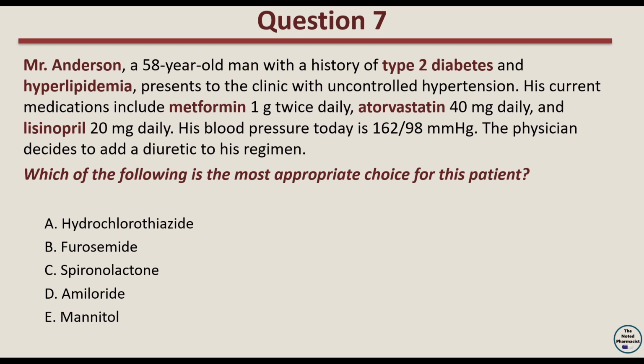The physician decides to add a diuretic to his regimen. Which of the following is the most appropriate choice for this patient? Option A, hydrochlorothiazide. Option B, furosemide. Option C, spironolactone. Option D, amiloride. Option E, mannitol.